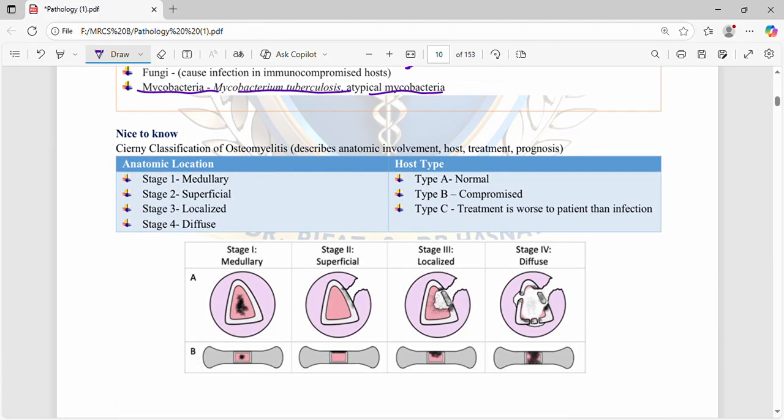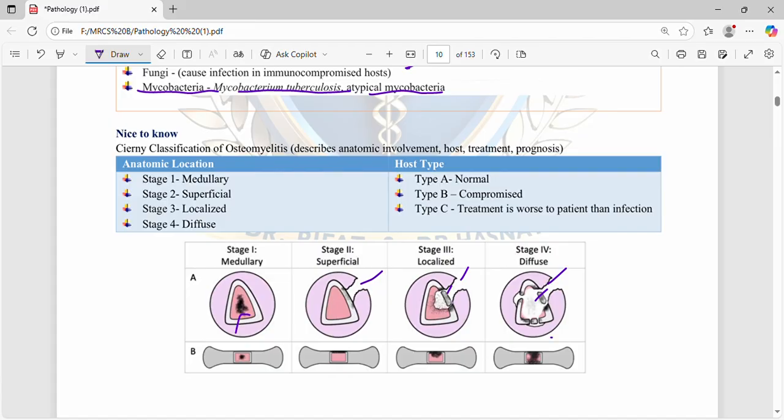We have the Cierny-Mader classification of osteomyelitis, which describes anatomic involvement, host type, treatment and prognosis. Anatomically, stage 1 is medullary. Then we have superficial, involving the cortex. Then localized, involving the cortex as well as the medullary cavity, and then diffuse, involving the cortex, the medullary cavity, and all around.